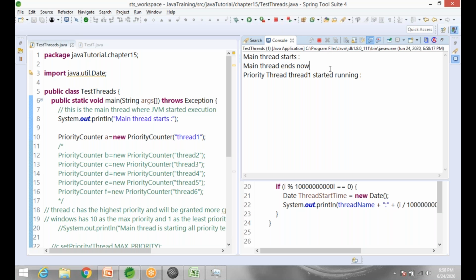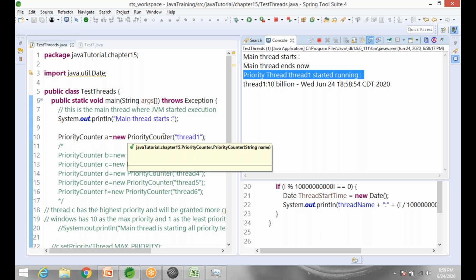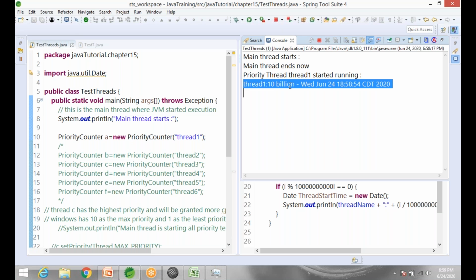Yes. But even though you reached the very last line of the main method, your program is still running because the other thread that you started is still running. That's why your application is still on. Even though the main program exited, the other thread is still busy counting to 10 billion.